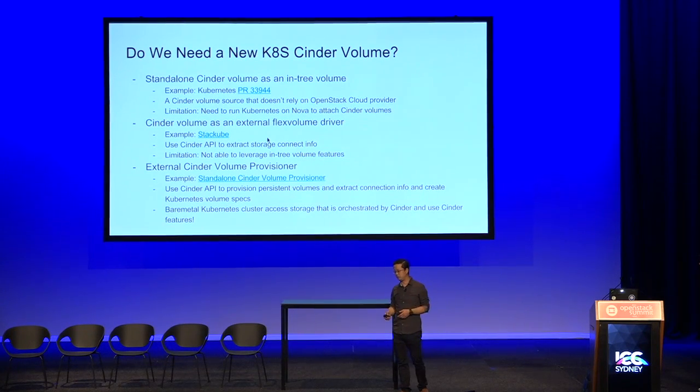The idea is that instead of using the in-tree cloud provider, which only works for one cloud at most, you have the option to use a standalone Cinder driver, which gives you access to multiple OpenStack cloud providers, so you are not coupled to the in-tree cloud providers. The momentum on that PR went up and down for a while and eventually it got closed because some other approach worked. The second approach, which we somewhat borrow from, is called Stackube.